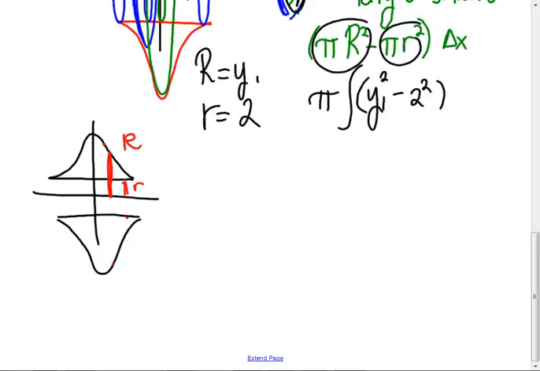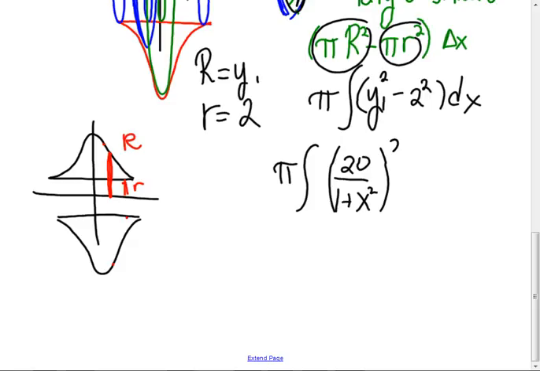And this is what, delta x or delta y? Delta x, because we did that. Now I will put in my function, which is 20 over 1 plus x squared. Now, if you forget to do your squaring here, I believe they'll give you a copy error on that, but you won't get the answer point.